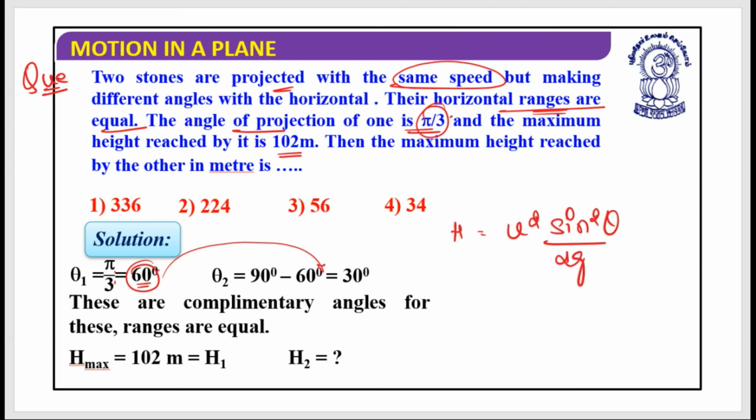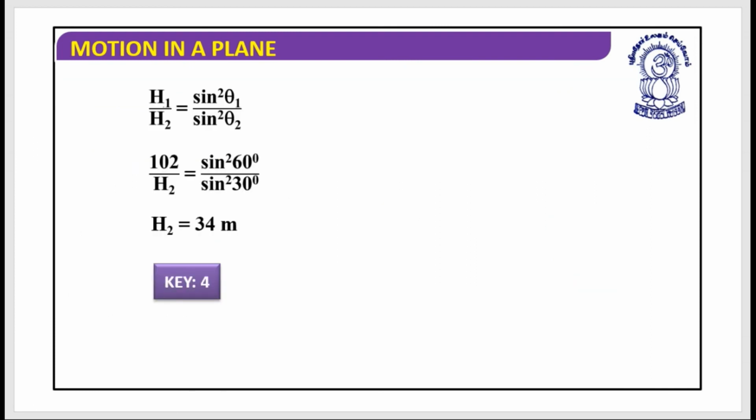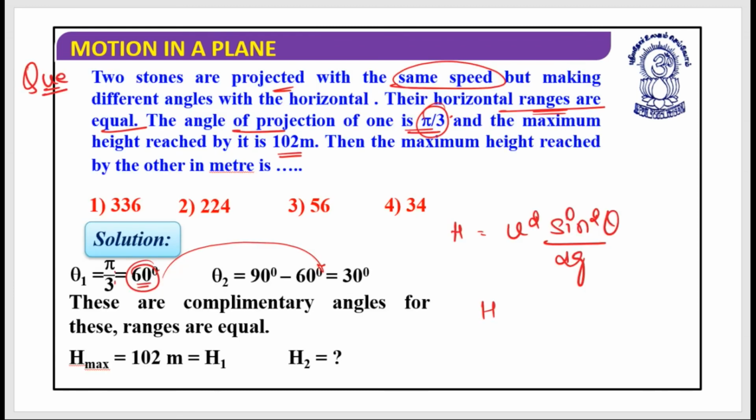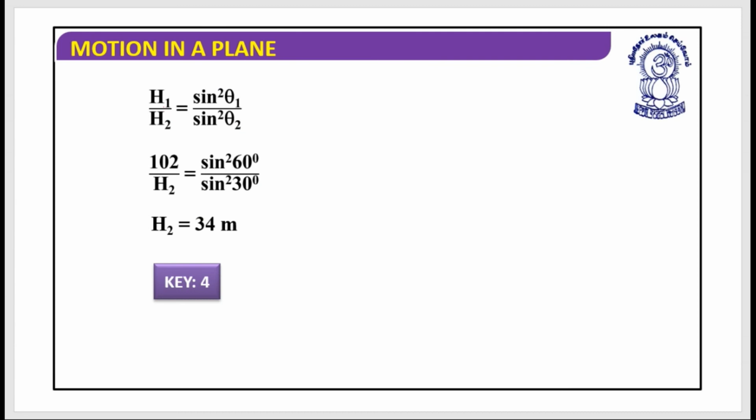Let's take a ratio of this. u squared by 2g cancels out, because u is the same and 2g is always the same. Only sine squared theta remains. So h1 by h2 is sine squared theta 1 by sine squared theta 2, and if I put up the values, it's sine squared 60 over sine squared 30.